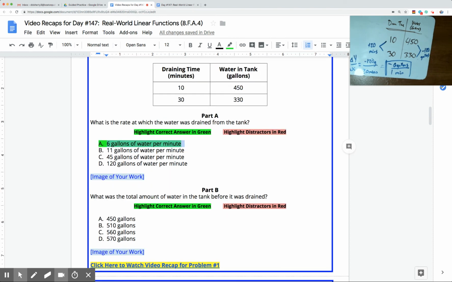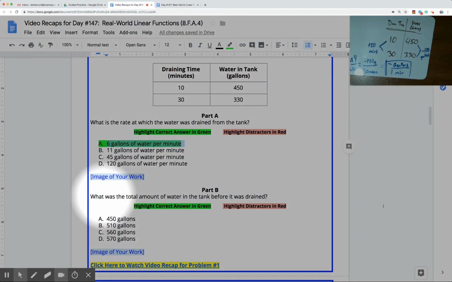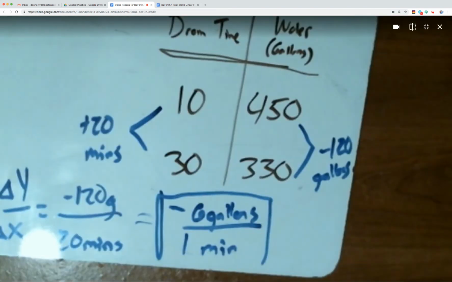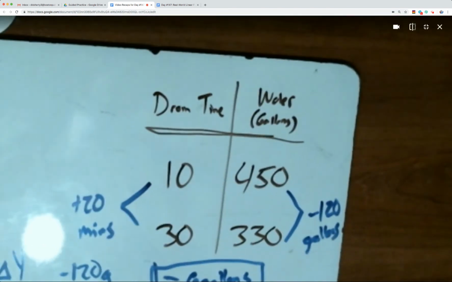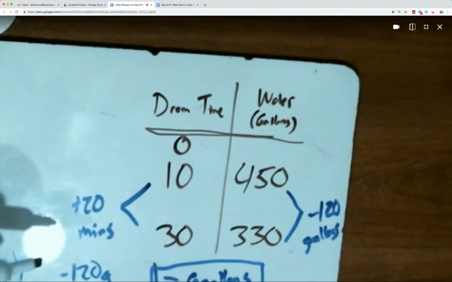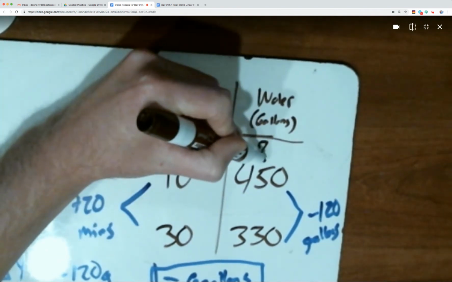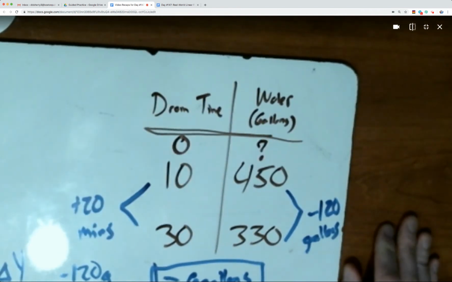Now as we focus on Part B, Part B says what was the total amount of water in the tank before it was drained, and we have 4 answer choices again. But the total amount of water in the tank before it was drained, we're really asking about what was the amount of water in the tank with 0 minutes of draining at the beginning. So I really want to think in my table at 0 minutes, how much water was going to be in there.